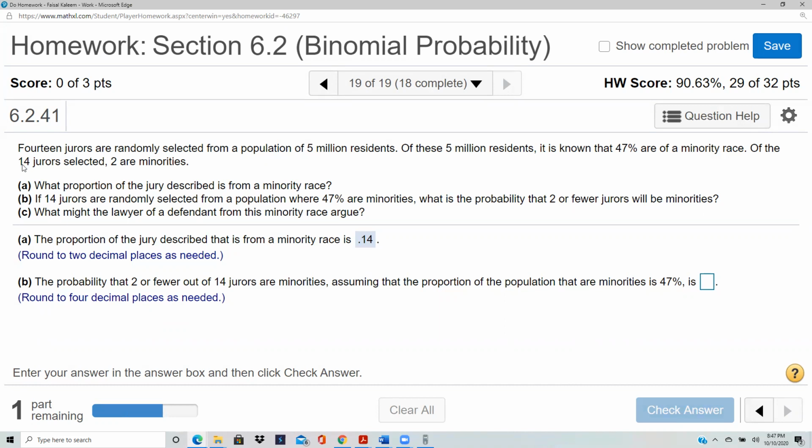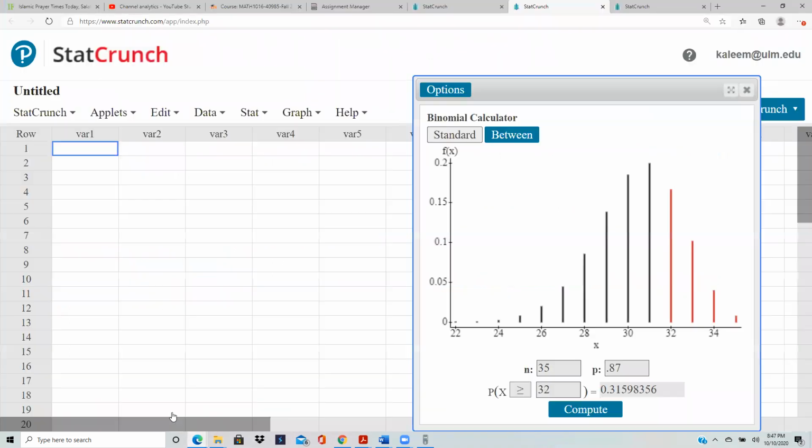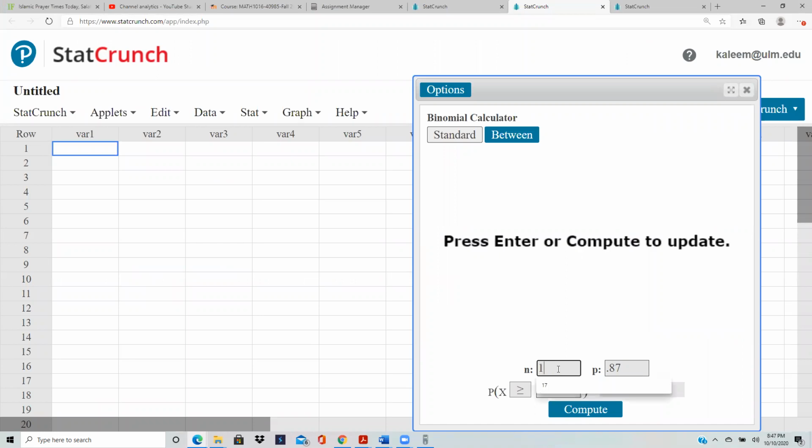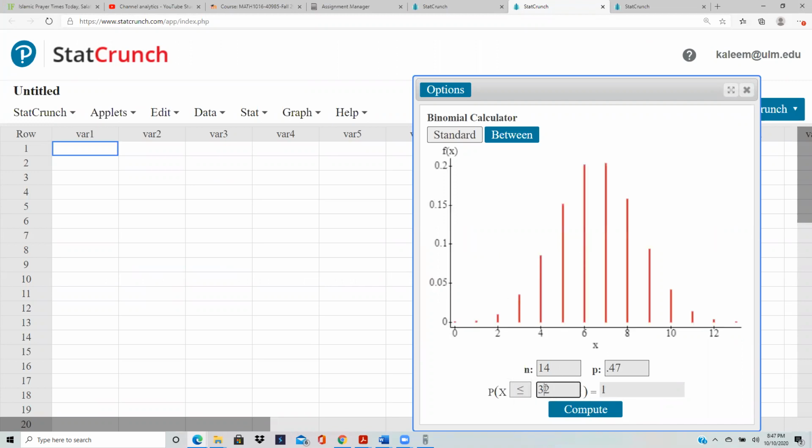So n is 14, and we want the probability of 2 or fewer to be minorities, and the probability of being a minority is 0.47. So 14 is n, 0.47 is the success probability. And we were asked 2 or fewer, which means less than or equal to 2.